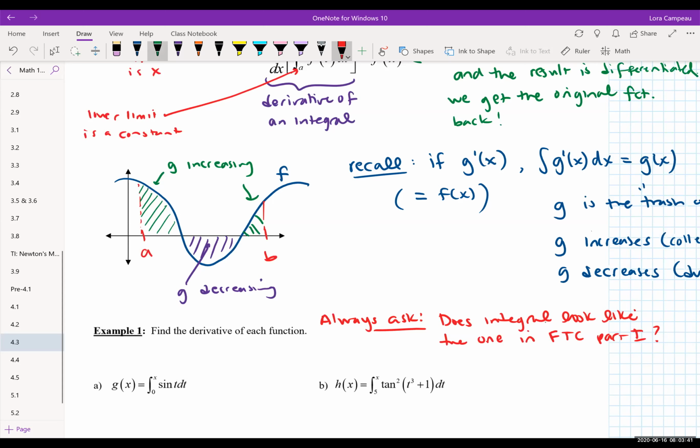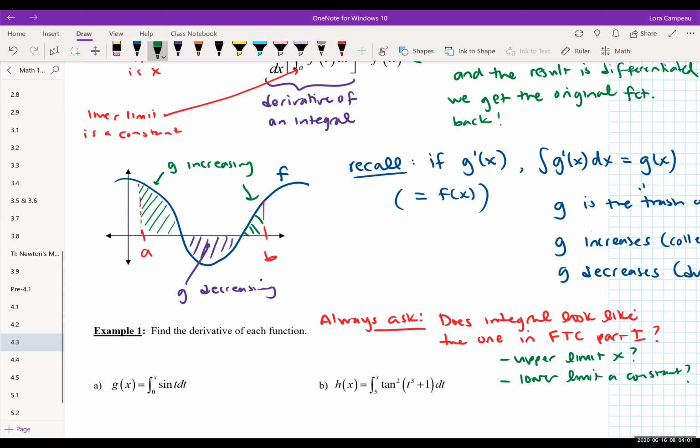What I mean by that, there's two things. Is the upper limit x, the variable, and is the lower limit a constant? If that is the case, it's quicker.